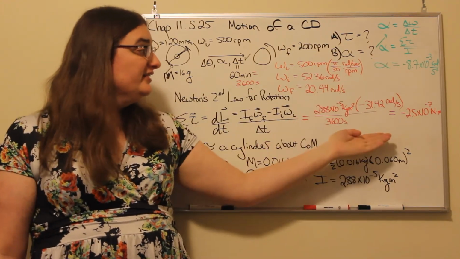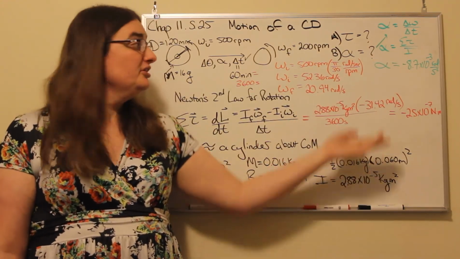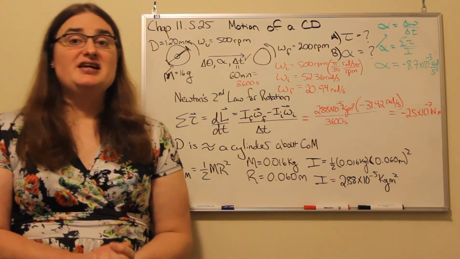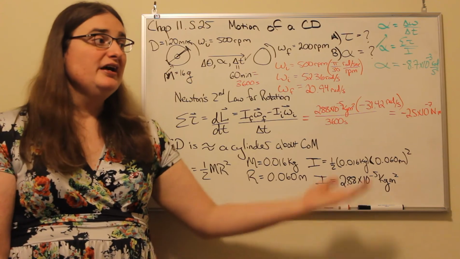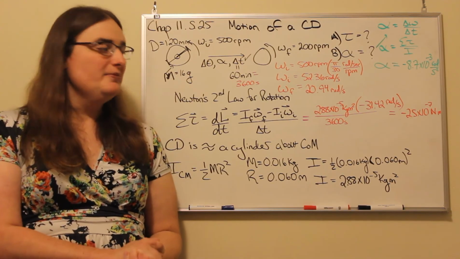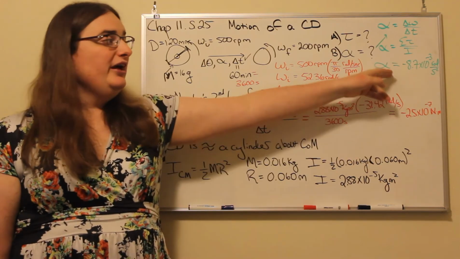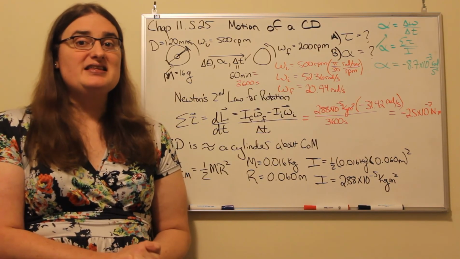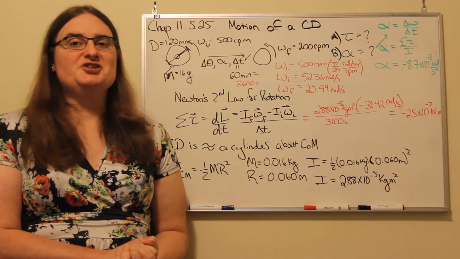We just calculated the torque and the moment of inertia, so let's use that. If we take negative 2.5 times 10 to the negative 7 Newton meters and divide by 2.88 times 10 to the negative 5 kilogram meters squared, we end up with an acceleration of negative 8.7 times 10 to the negative 3 radians per second squared.